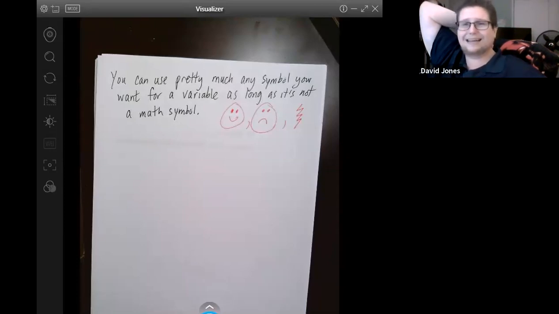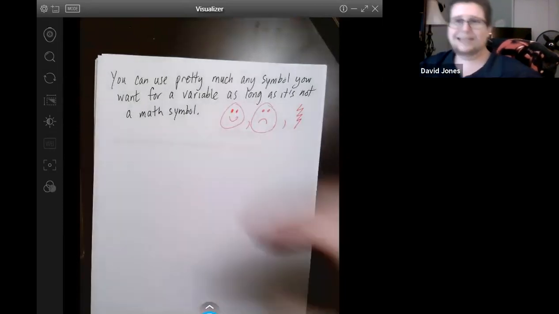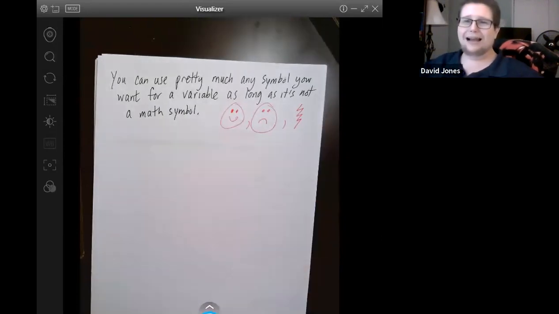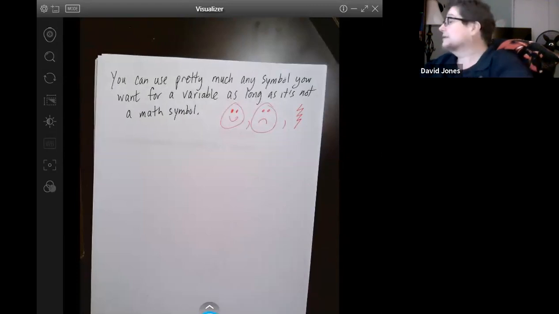I did it on a test because I got tired of using X's. And the problem didn't come with a variable at the time. It was a word problem. And what I did is I just put the smiley face down and I said what the smiley face equals. Smiley face equals this. And I used it. And the teacher wrote a little note like, you're crazy, but this is correct.